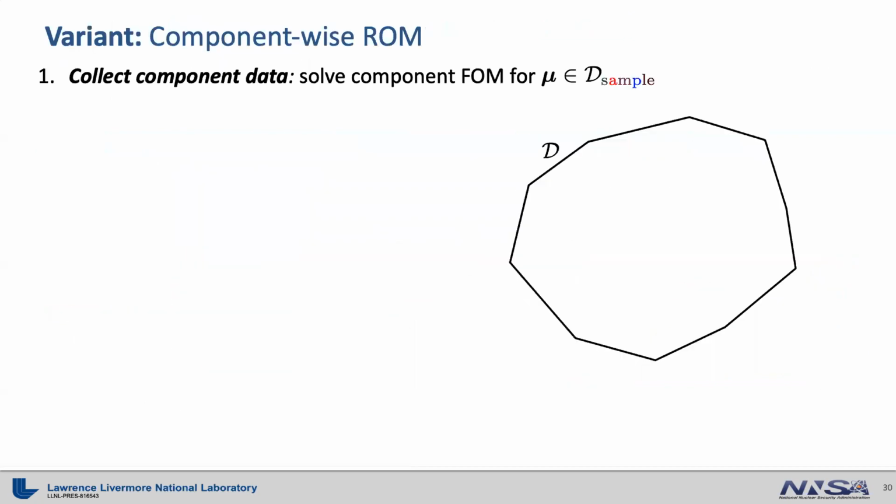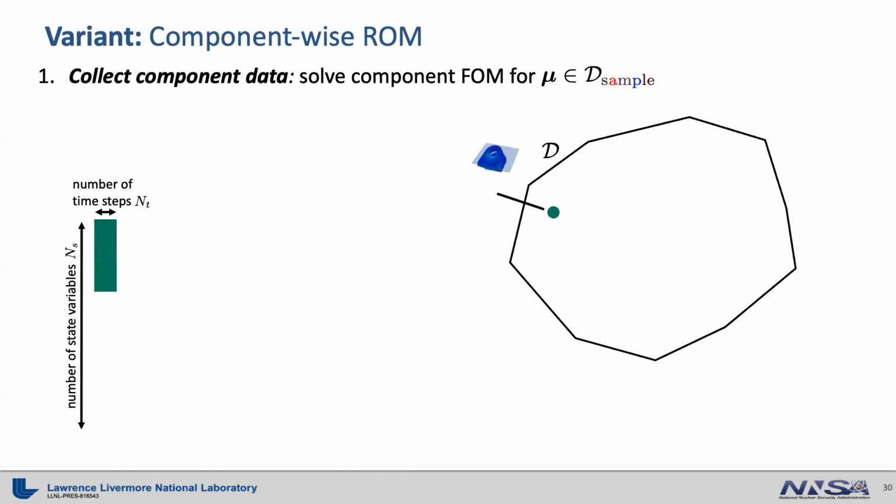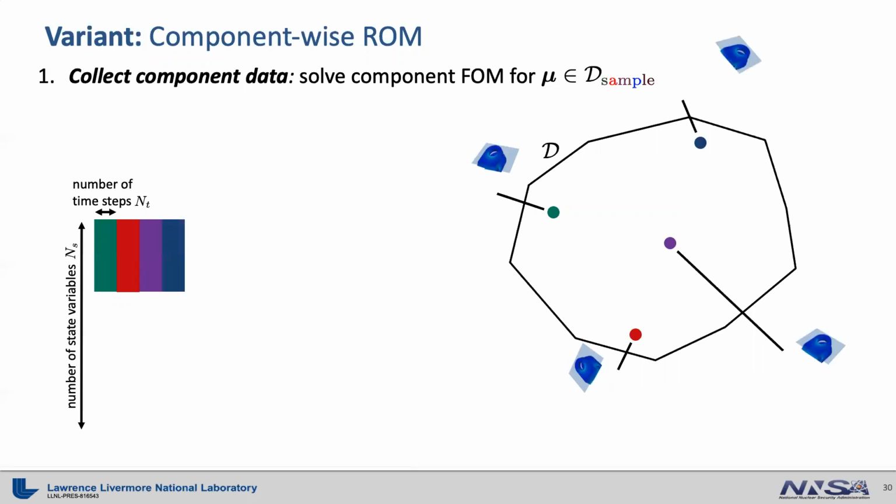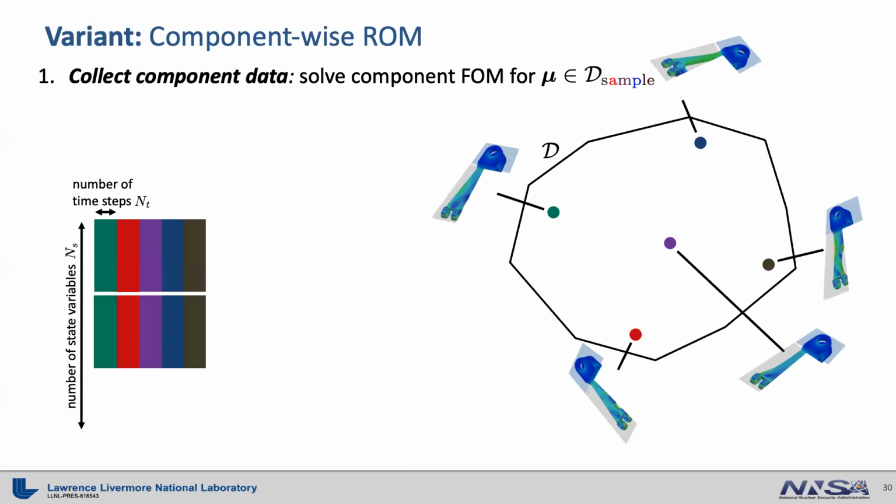Briefly speaking, CW-ROM first collects component full order model solutions in parameter space. For example, first collect data for the hat basket here, here, here, here, here. Then a part of the bottom parts here. Then the rest of the bottom data are collected separately.